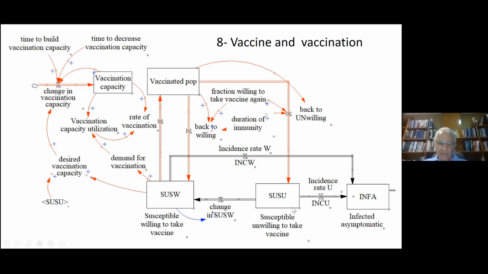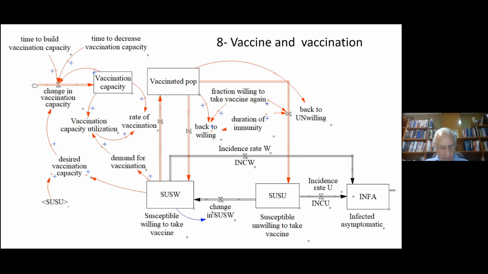susceptible people are divided into two groups: susceptible willing to take the vaccine or susceptible unwilling to take the vaccine. Those who are willing to take the vaccine increase demand for vaccination, and then vaccination capacity should build up and increase. Based on vaccination capacity and demand for vaccination, rate of vaccination is determined, and people willing to take the vaccine will move into the vaccinated population who will not anymore get infected.